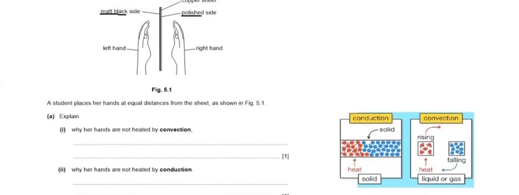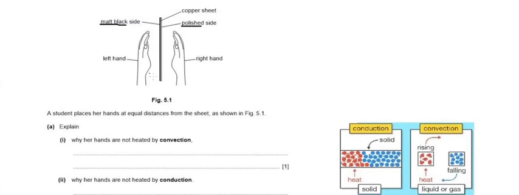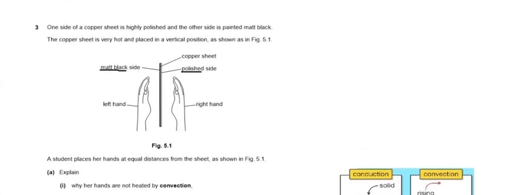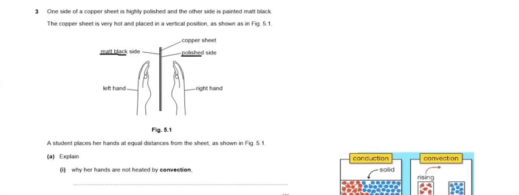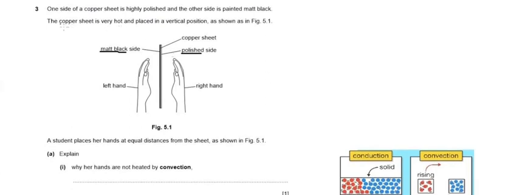So there will be air between the polished surface and the right hand, and between the black surface and the left hand, and that air will get heat, no doubt, because this copper sheet is very hot.